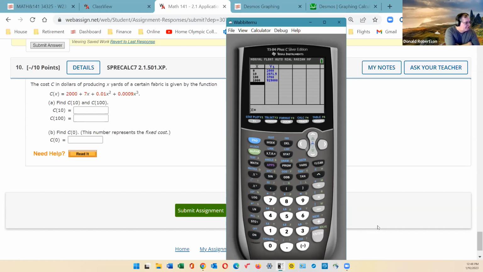I'm a little bit worried about the 1,000 one now that I've plugged it in. Would you agree that 919,000 is almost 1 million and really, really big compared to all the other numbers, right? I mean, if I only produced 100, it's only going to cost me $3,700, right?